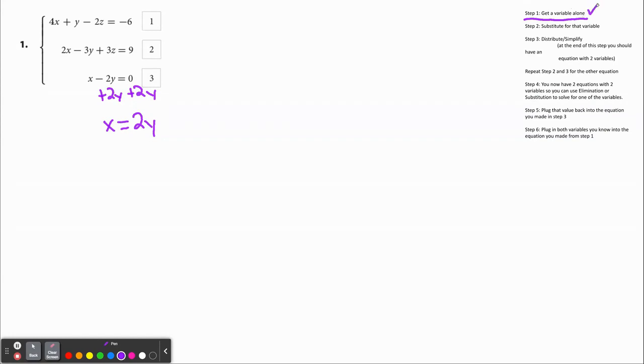We are just getting the variable alone. We got x equals 2y. So now I'm going to move on to the next step, which is substitute for that variable. I'm going to take this and substitute it up here into my first equation. So wherever I see x, I'm going to plug in 2y. Then I just put the rest of the equation here and start simplifying.